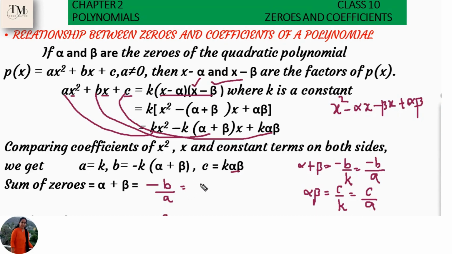So when alpha plus beta is equal to minus b by a, b is nothing but the coefficient of x, divided by a, which is nothing but the coefficient of x square.